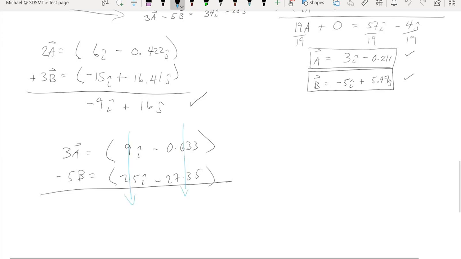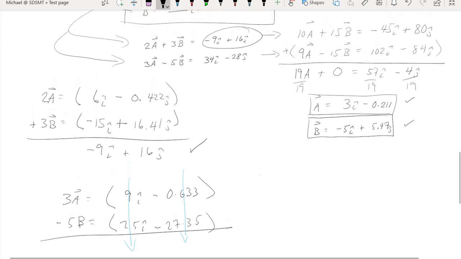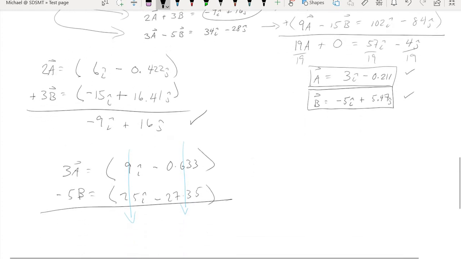Write down the columns. 9 and 25 is going to make for 34 i hat. And then we have a negative 27.35 and a negative 0.633, which again, we're within about a hundredth of a decimal place, which is giving us a negative 28 j hat, which is also what we need.